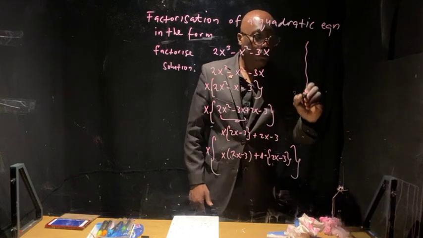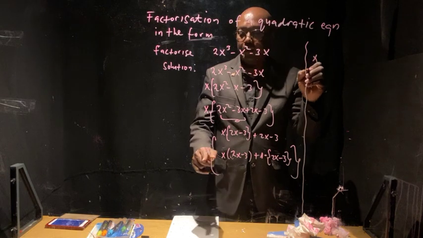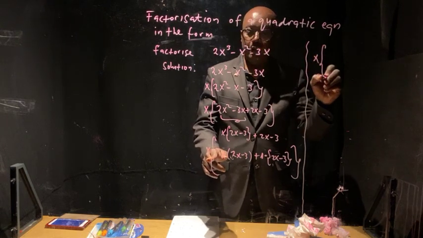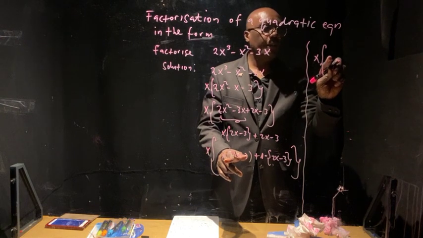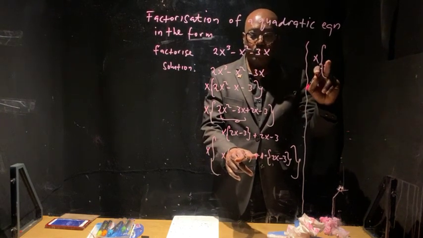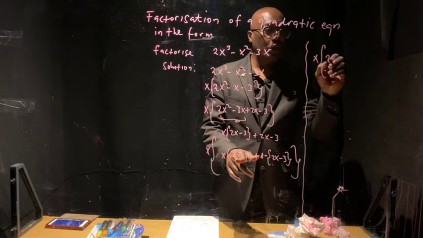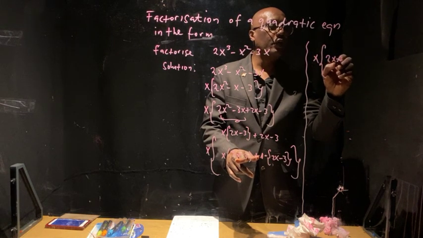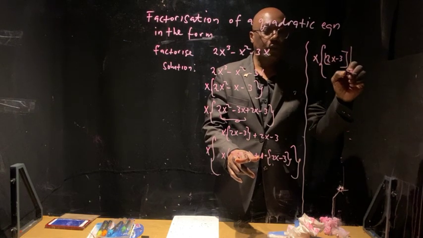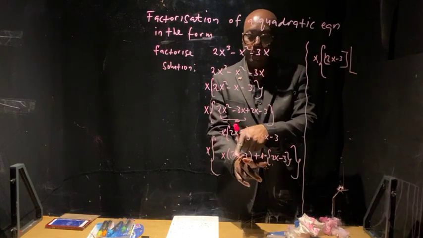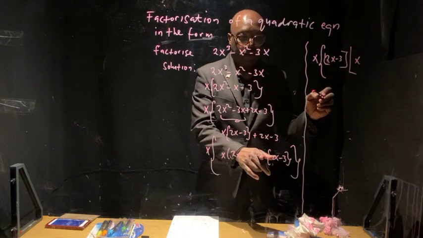It becomes x, then we factorize the common factor out, which is (2x minus 3), plus (x plus 1).